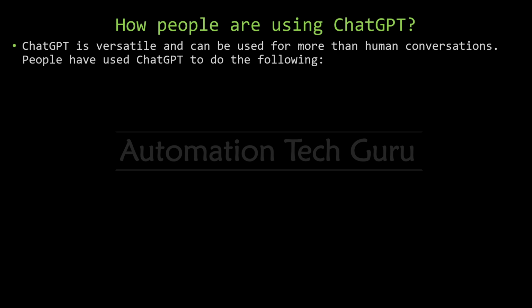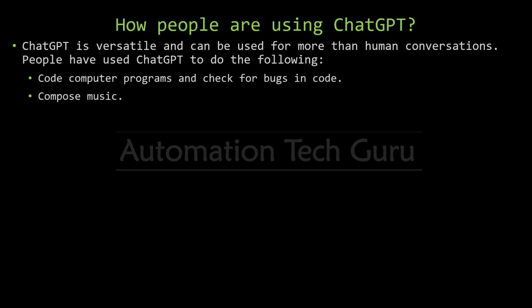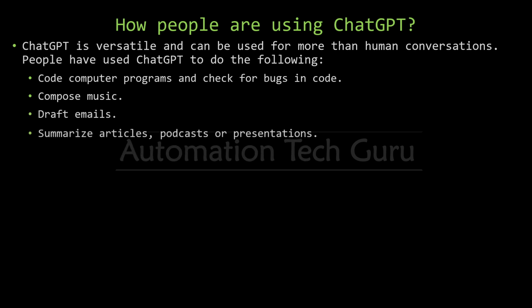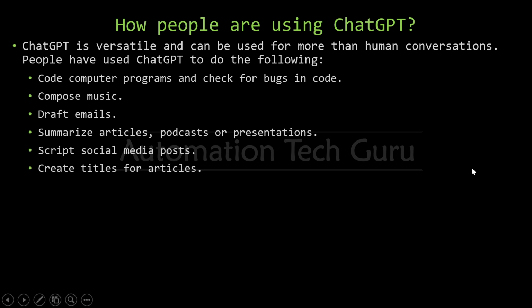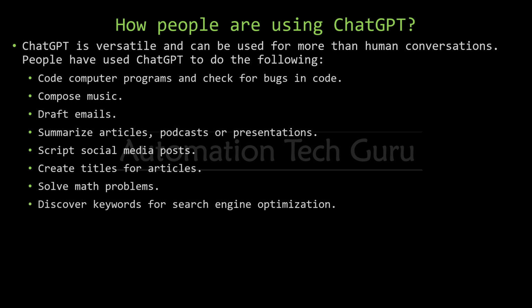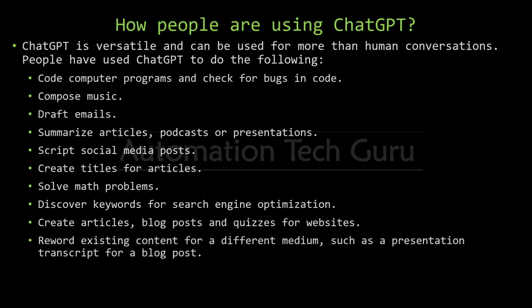People have used ChatGPT to do the following: code computer programs and check for work in code, compose music, draft emails, summarize articles, podcasts, or presentations, script social media posts, create titles for articles, solve math problems, discover keywords for search engine optimization, create articles, blog posts, or quizzes for websites, and rewrite existing content for a different medium, such as a presentation transcript for a blog post.